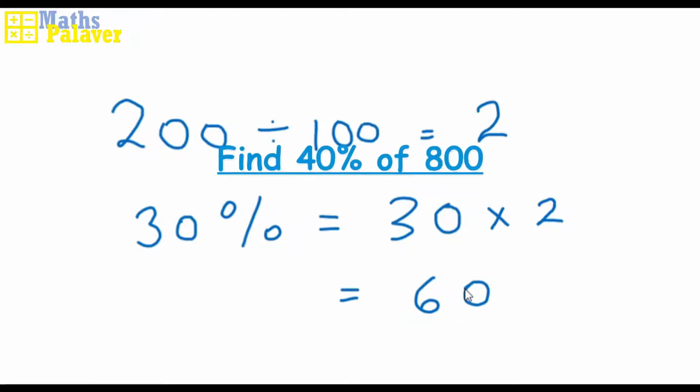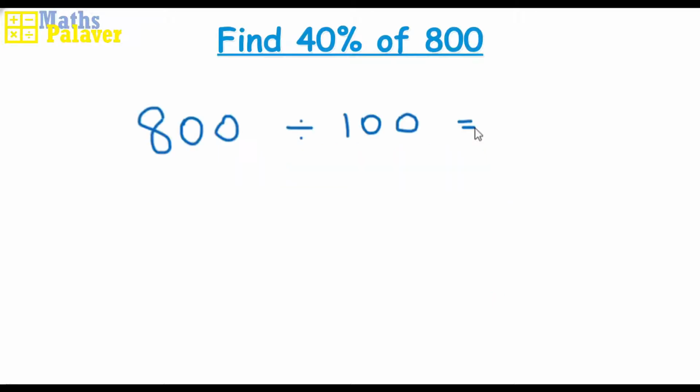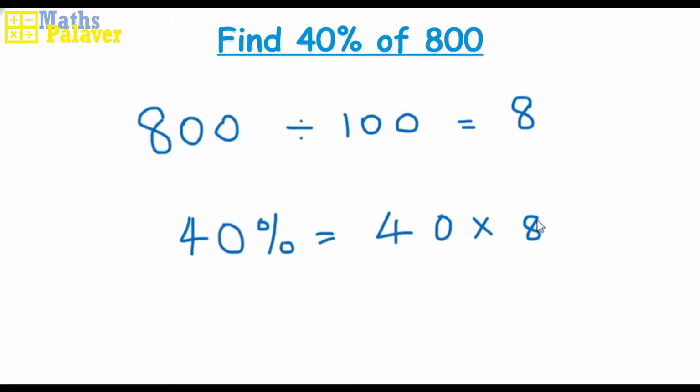Let's do another example. Find 40% of 800. First, divide 800 into 100 parts, so each part has got 8. Then find 40%. 40% is 40 times 8, and that gives us 320. 40% of 800 is 320.